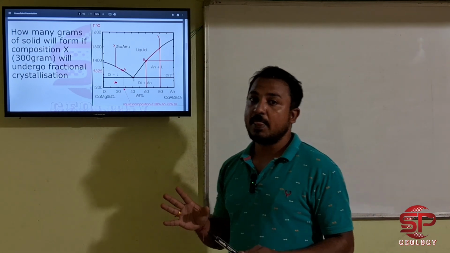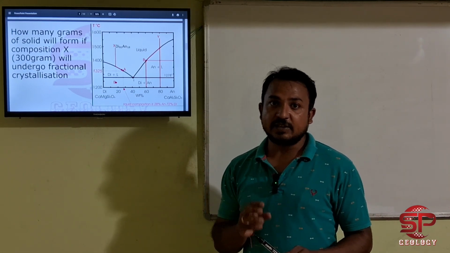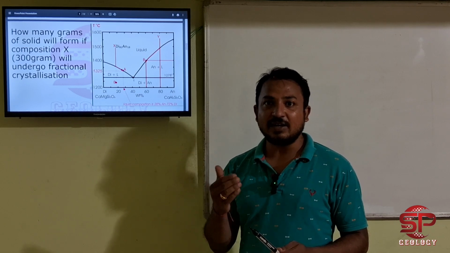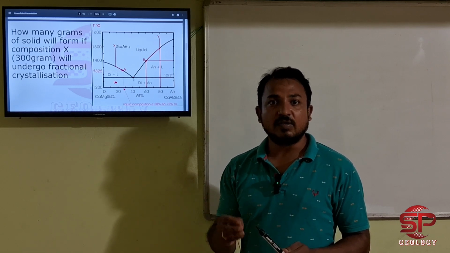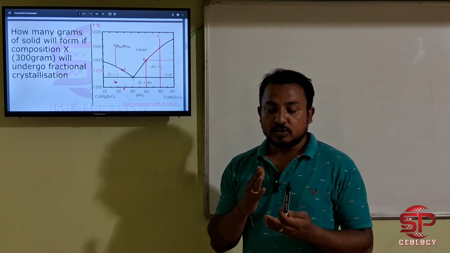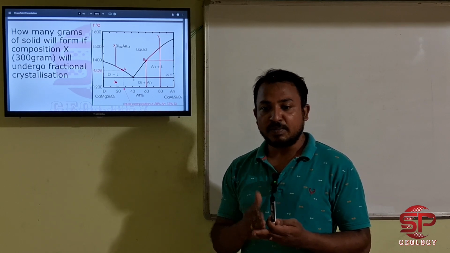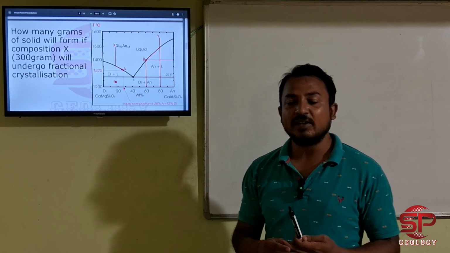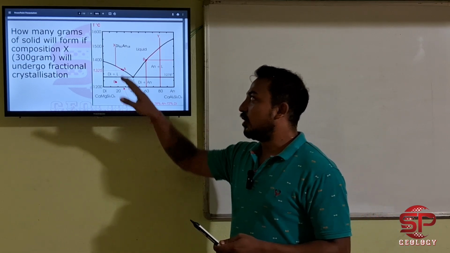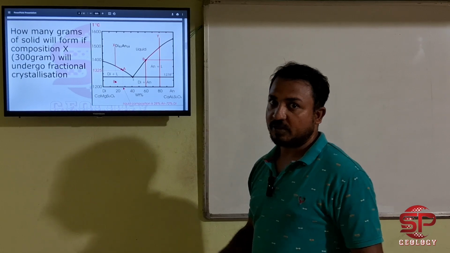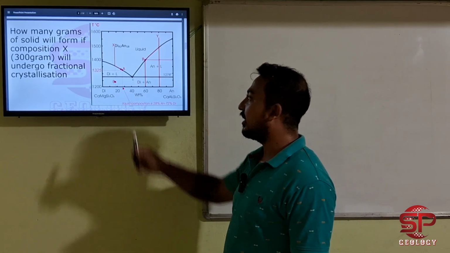First thing you have to remember: during fractional crystallization, the last melt composition will be the final solid composition. In eutectic, the last melt we will get is at the eutectic point.